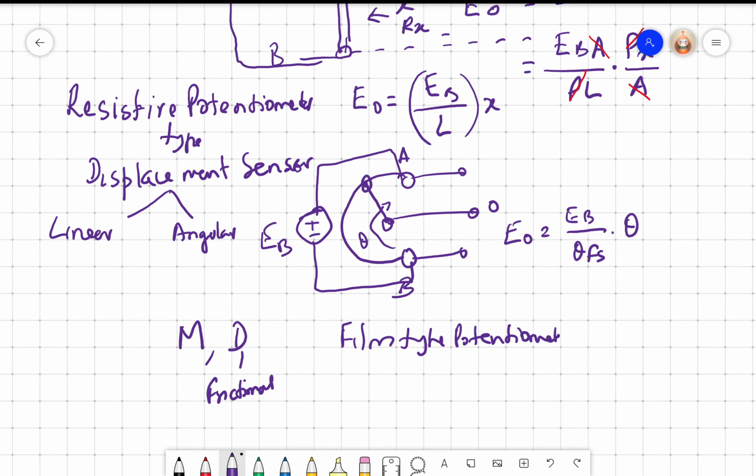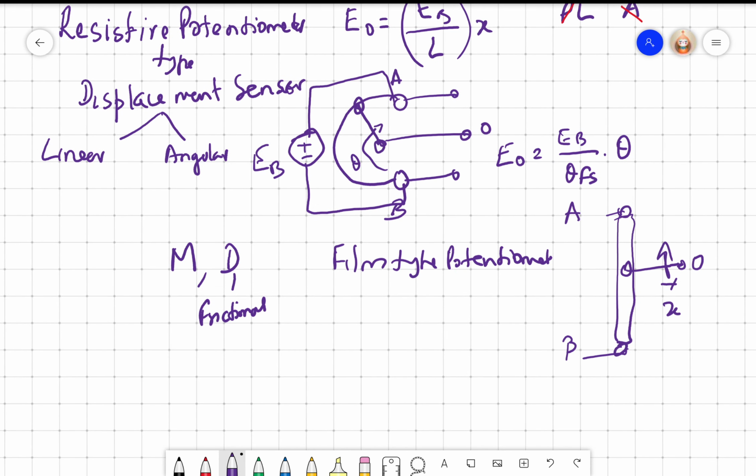So where a thin resistive film is coated, and we have the wiper moving on it, right? So this is A, this is B, this is O. This is very popular. You can buy it for about 100, 200 rupees, and you get that.